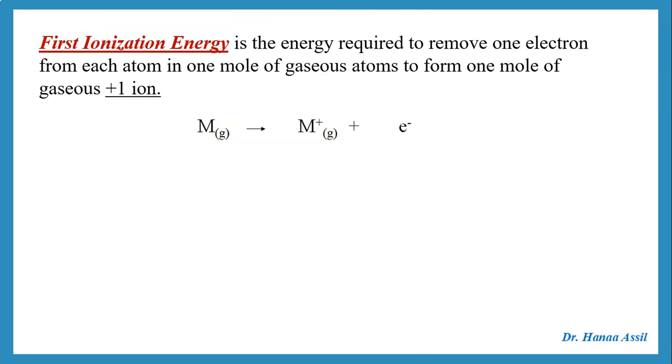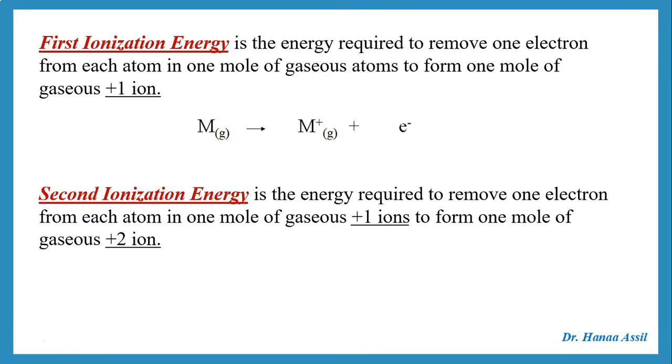Okay, so if I want to remove a second electron from this atom, so I already removed 1 electron, so I formed a plus 1 ion. If I try to remove a second electron, now this is called a second ionization energy. So the second ionization energy is the energy required to remove 1 electron from each atom in 1 mole of gaseous plus 1 ions to form 1 mole of gaseous plus 2 ions.